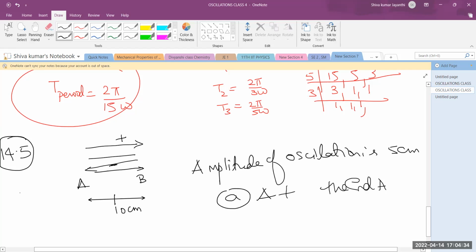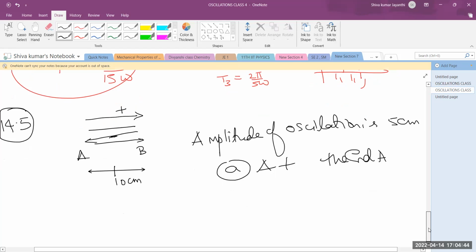So when the body is at A, what happens to the velocity? Is it positive or is it negative? Can you tell me? When the body is oscillating between A and B, and A to B is positive, A is not 0, 0. In between is 0, 0, the mean position, and it is oscillating from here.